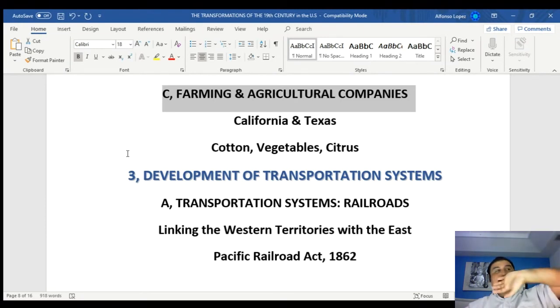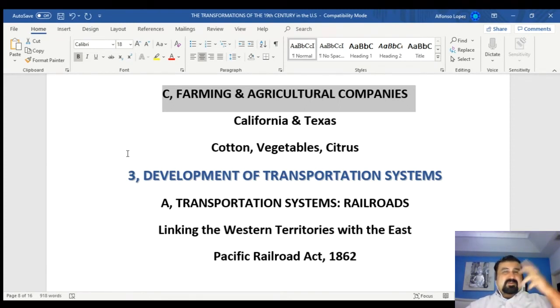So whether we're talking about American homesteaders moving to the Great Plains region to establish their farms, or they're actually farmers in Texas or farmers in California, for example, the same holds true, is that farmers in California and in Texas are also trying to grow crops for the market.